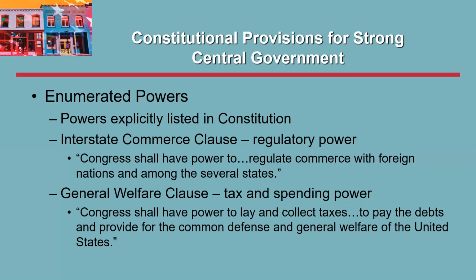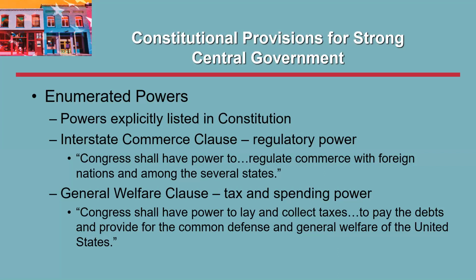This clause is particularly important because it is the main constitutional provision that justifies federal regulatory law in regards to the economy. Things like minimum wage, the Affordable Care Act, environmental standards, workplace safety rules, even civil rights law are largely based on the Interstate Commerce Clause.